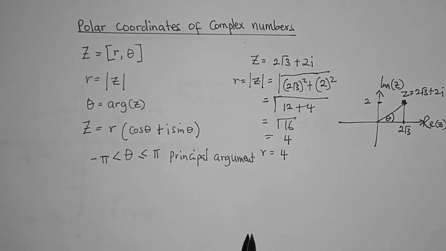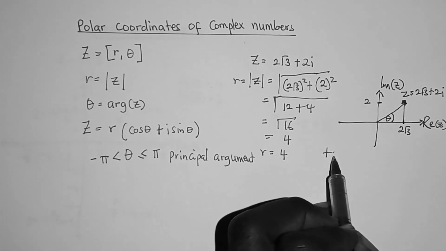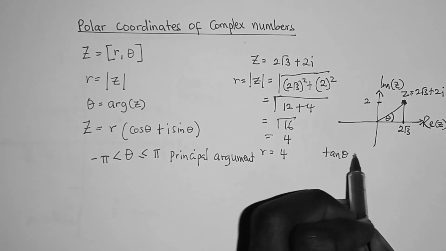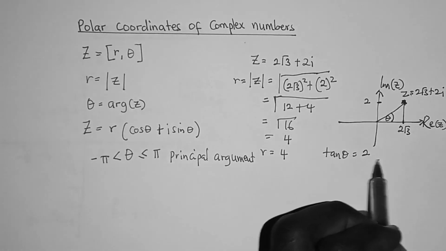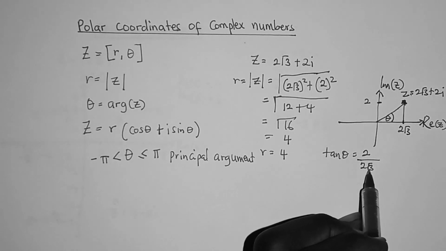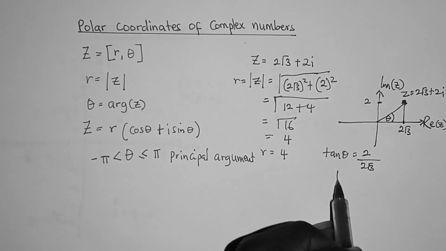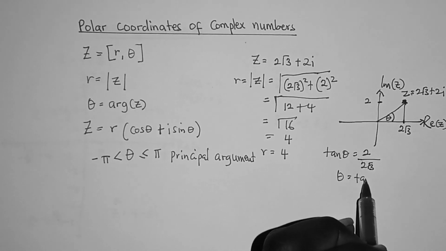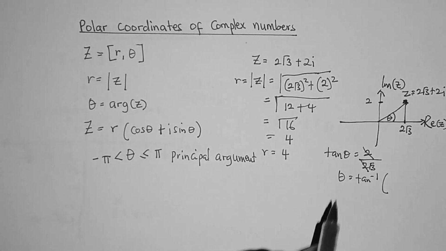Now, what is theta? You know that, using SOHCAHTOA, tan theta is equal to the opposite over the adjacent. In this case, the opposite is 2 and the adjacent is 2 root 3. So theta is equal to tan inverse of, this 2 and this 2 can cancel.